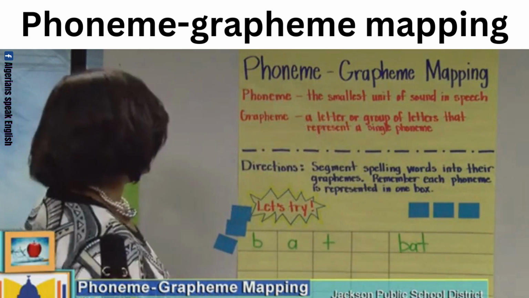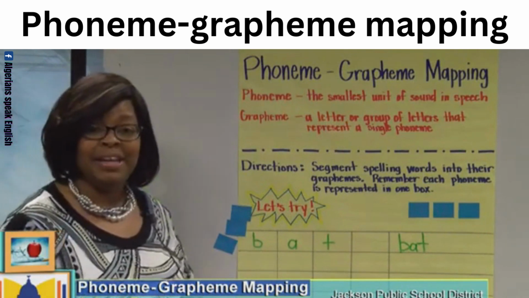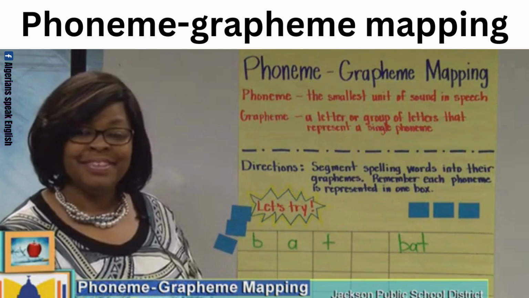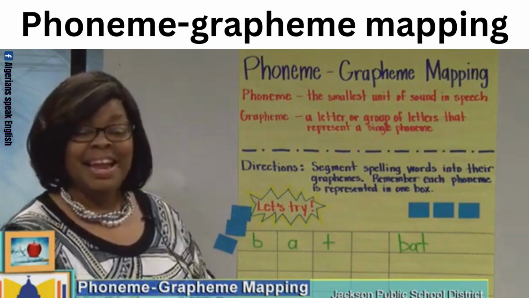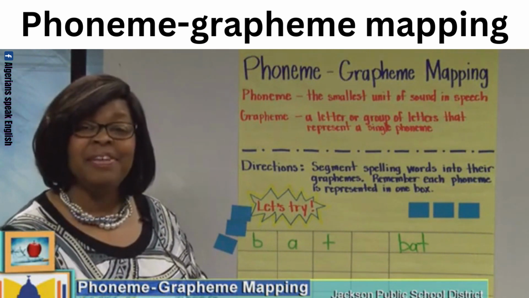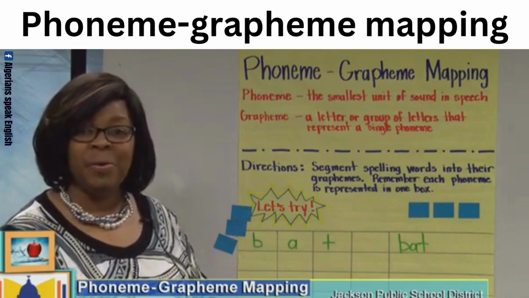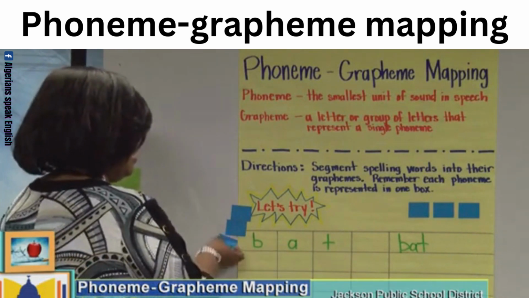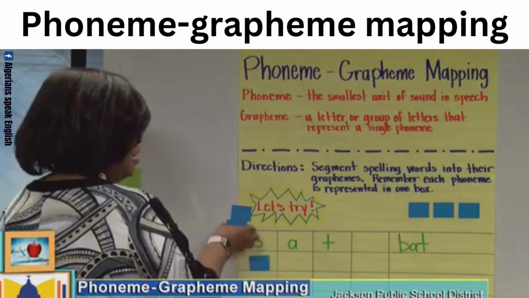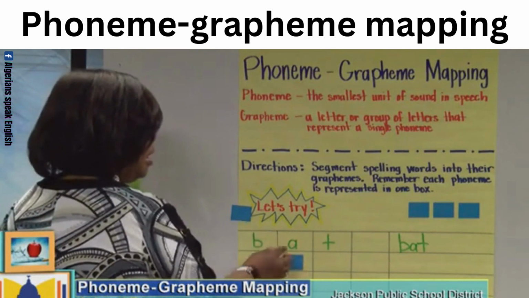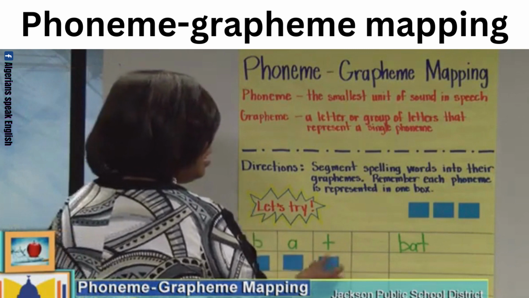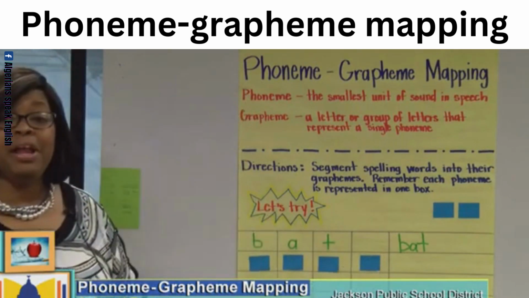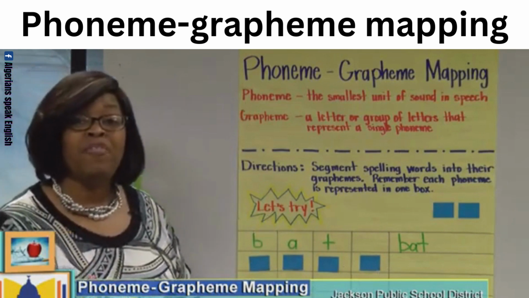Great job. So our next word is fluff. Can you say the word fluff? Great job. Now, can you count the number of phonemes you hear in the word fluff? So now we know that we have 4 phonemes.